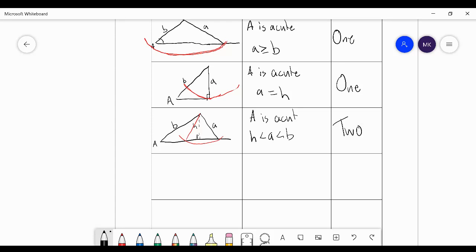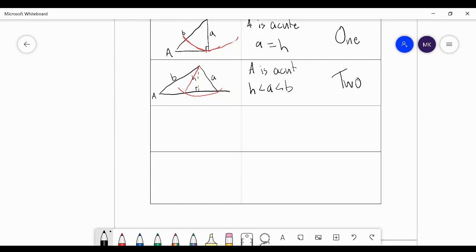So what happens is we end up with one triangle where the angle between our sides A and B is obtuse, and we end up with one where the angle between our A and B is acute. Okay. Almost there. We're almost done. We have two more to do.